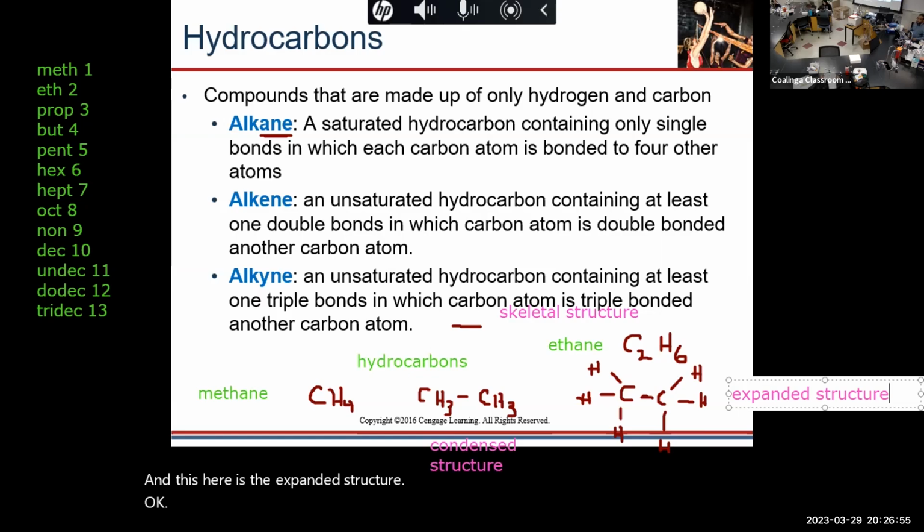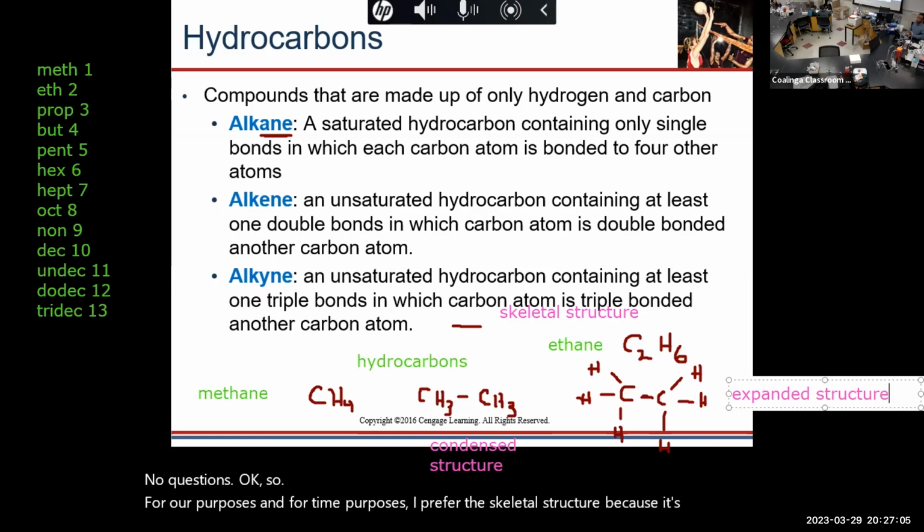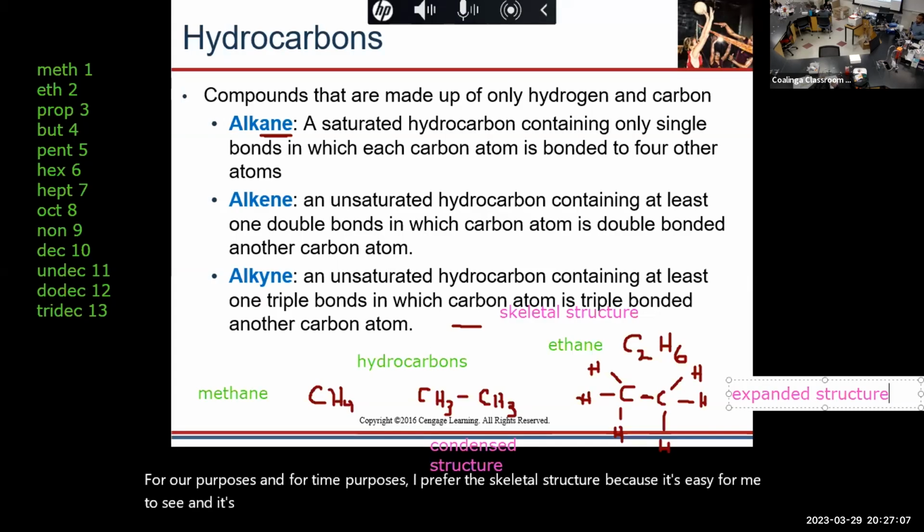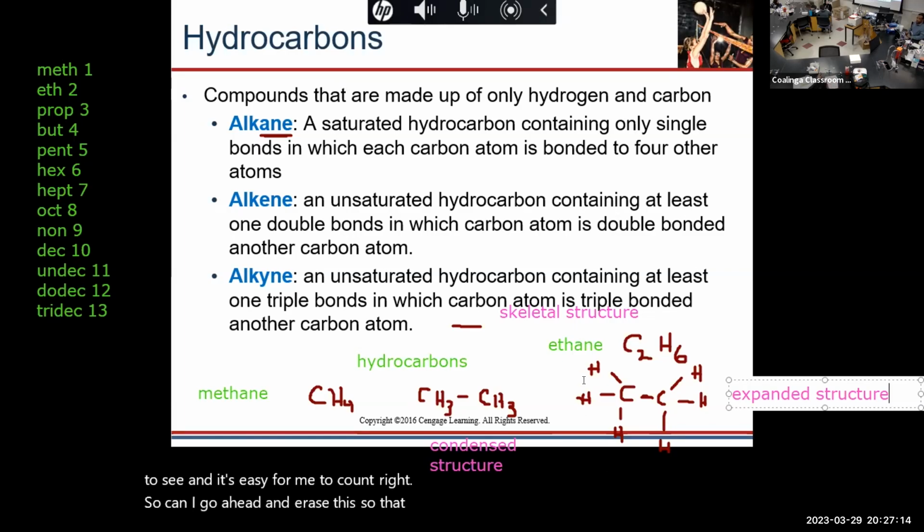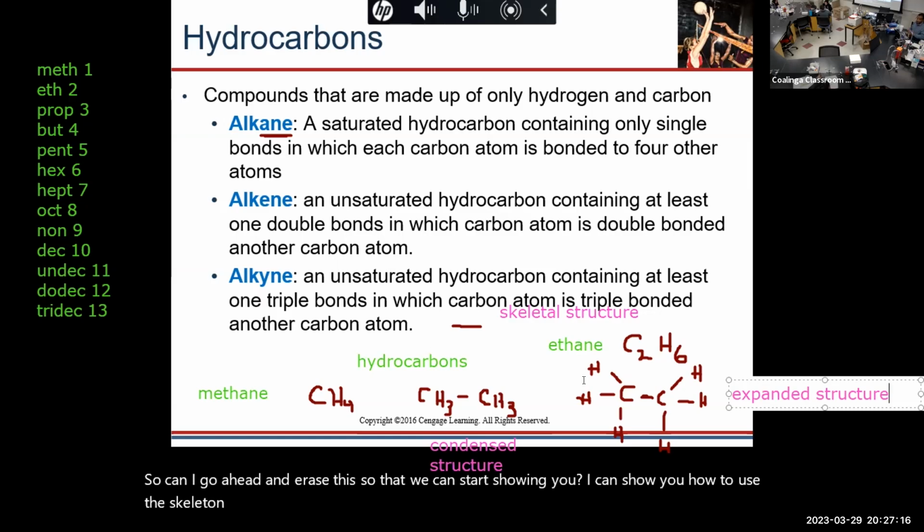Questions so far? No questions, okay? So for our purposes and for time purposes, I prefer the skeletal structure because it's easy for me to see and it's easy for me to count. So can I go ahead and erase this so that I can show you how to use the skeletal structure?